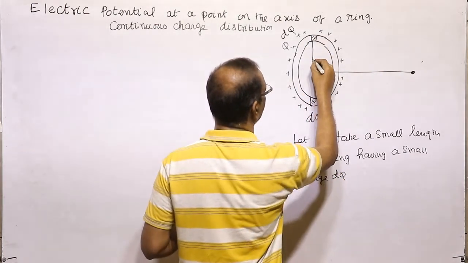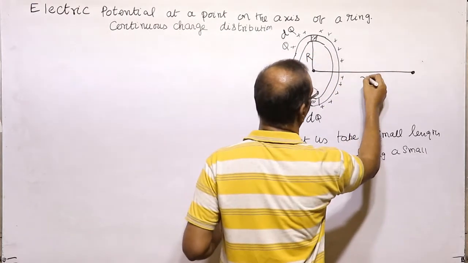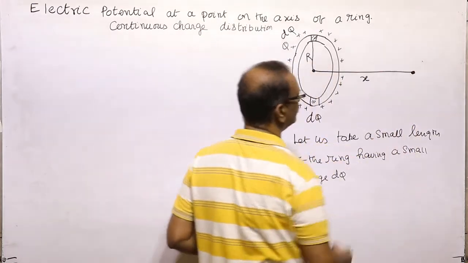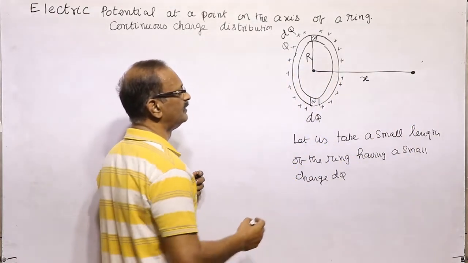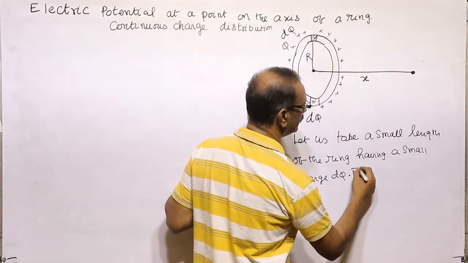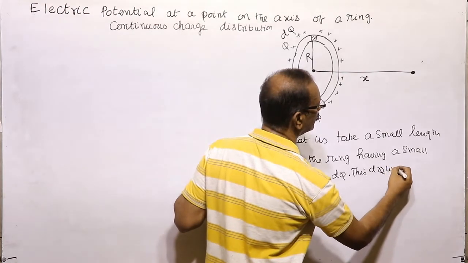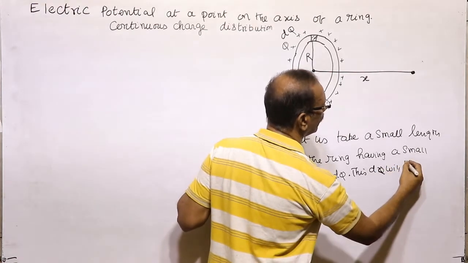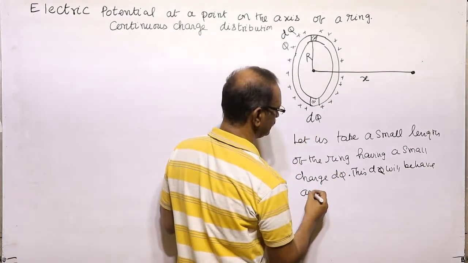This is the radius of the ring, and this is the point x at which we are interested to find out the potential. So this dq will behave as a point charge.